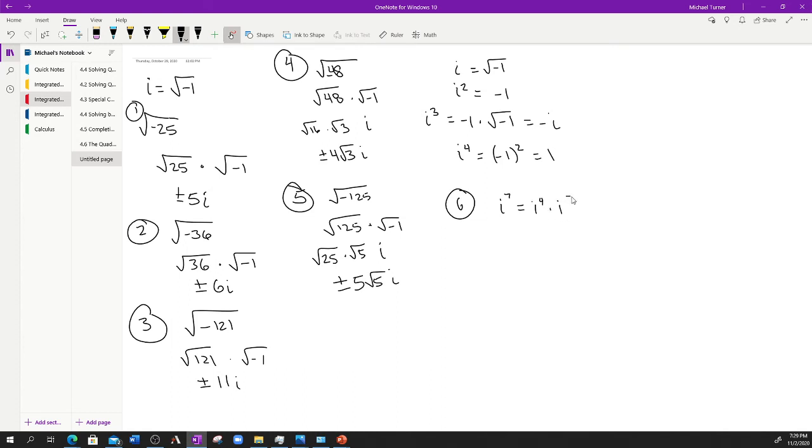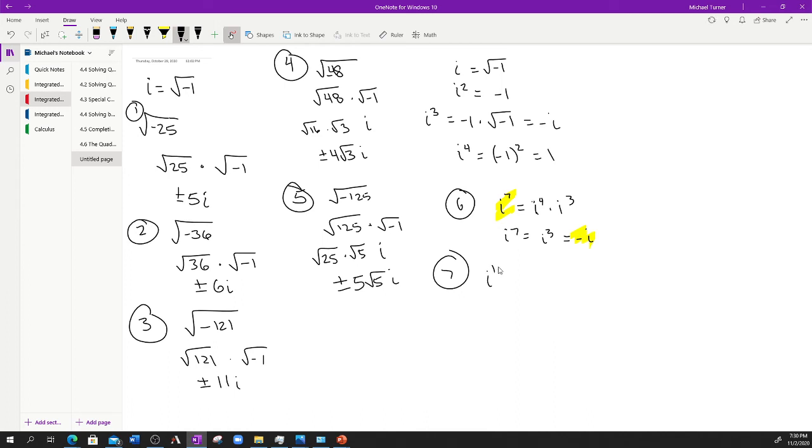If I write out i to the 4 times i cubed using properties of exponents, i to the fourth power is just 1, which means i to the seventh is the same as i cubed, which simplified then would be negative i. For your assignment, if you're just going from here to here, that's acceptable.